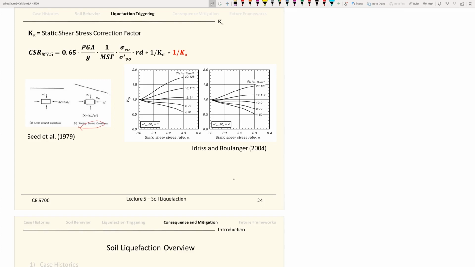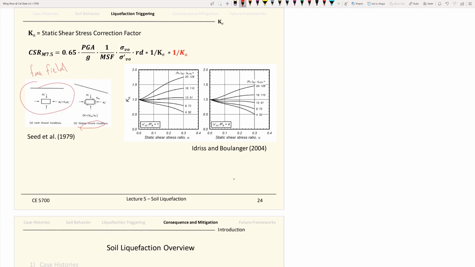In the past 2 decades, there has been interest in the research community on how to tackle this problem, because liquefaction in a free field, which means just an open ground, is likely not our interest, right?